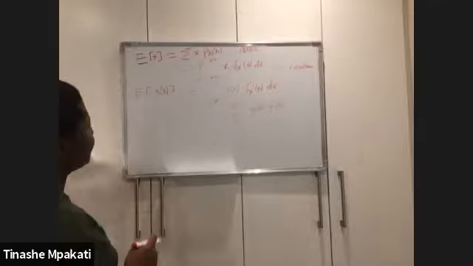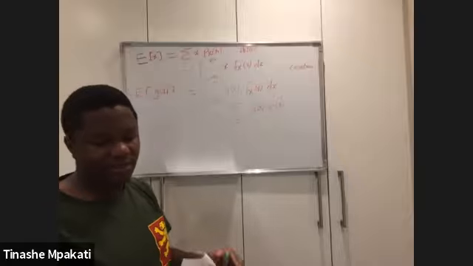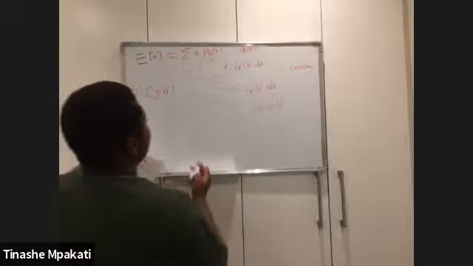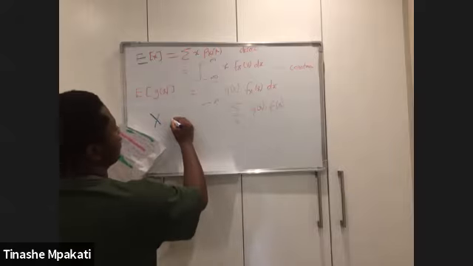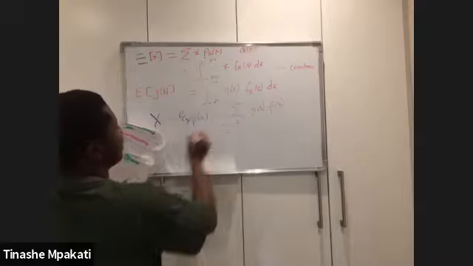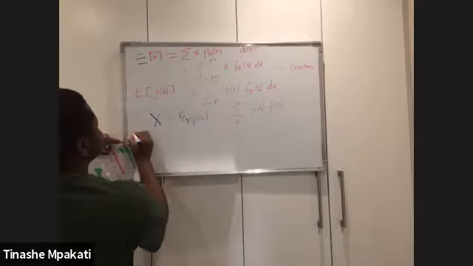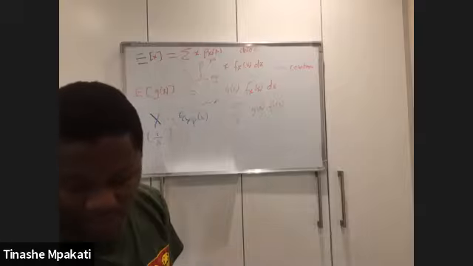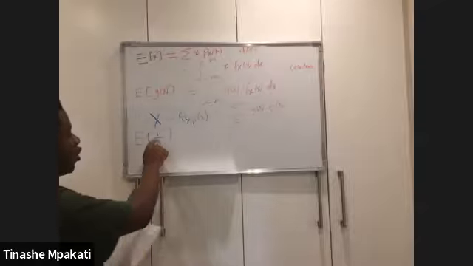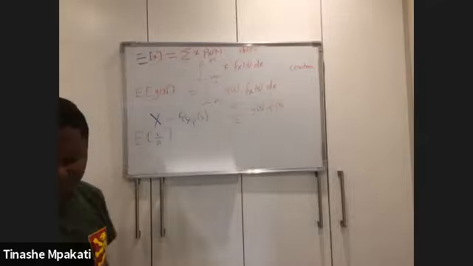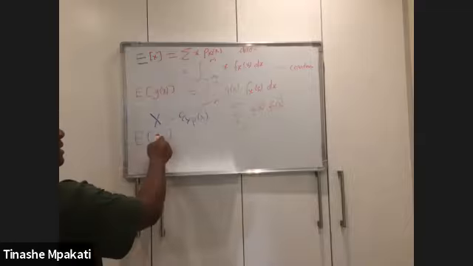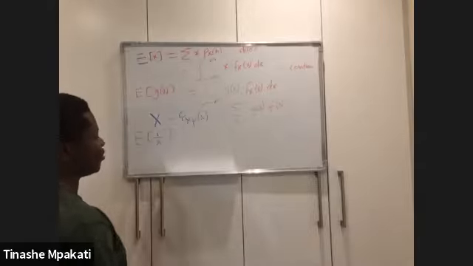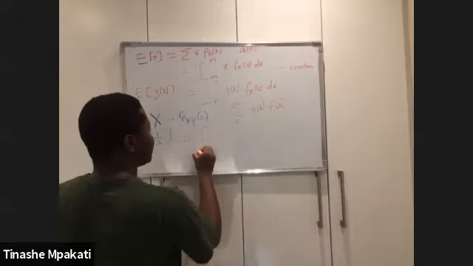And just to make it make more sense, for this law of the unconscious statistician, maybe you were given a random variable X, maybe it's exponentially distributed with lambda. And now you're asked to find the expectation of 1 over X. If you look at this closely, this is definitely not X. What we have information about is X, not 1 over X. This is some other function in terms of X. So for you to be able to find the expectation of this, what you have to do is integrate.